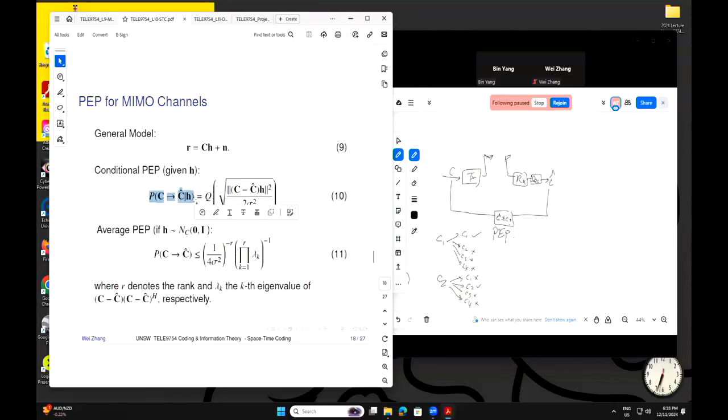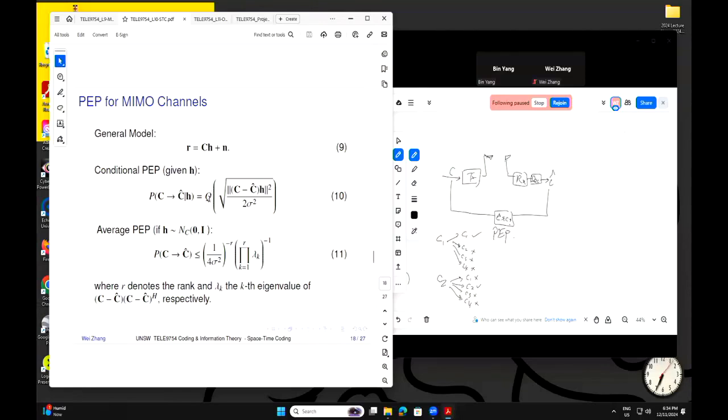We need to start from the left-hand side and go step by step in the mathematics, and then finally we can get to the right-hand side of equation 10. So that's called a proof, okay? This page only gives you the major results, not the proof. So equation 10 is the first major result. That means for conditioned H1, H2, you send a code word, you get a different code word C hat, then error probability occurs. That is equation 10.